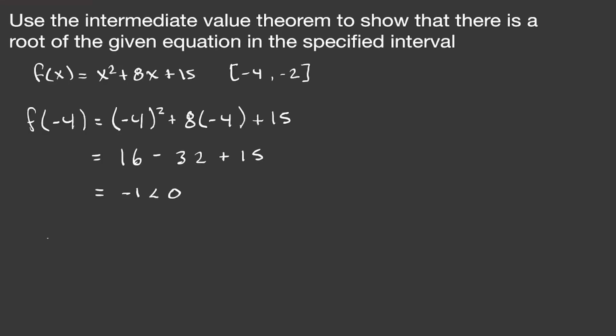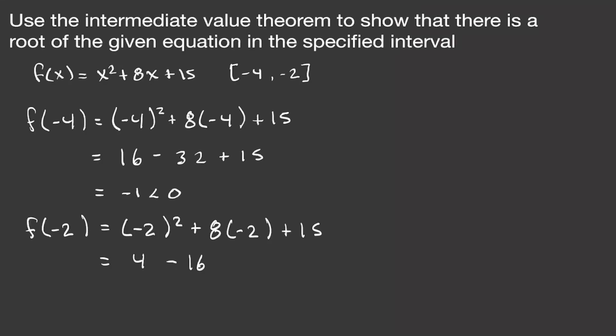Now let's solve for when we plug in -2 into our function. f of -2 is equal to -2 squared plus 8 times -2 plus 15. Simplifying, -2 squared is 4, plus -16 from 8 times -2, and then plus 15 is equal to 3, which is the value that we want above the x-axis.